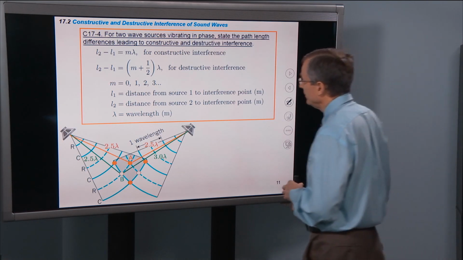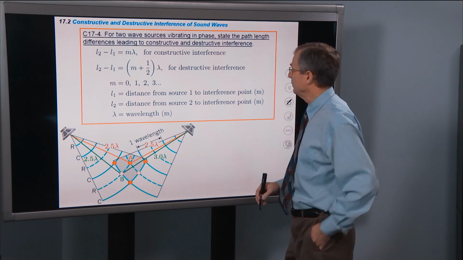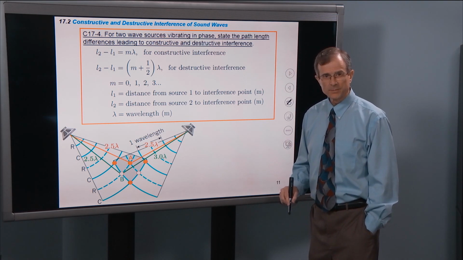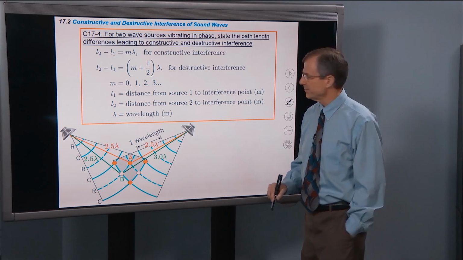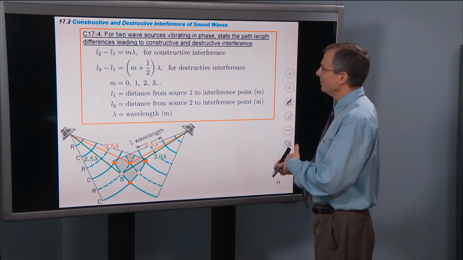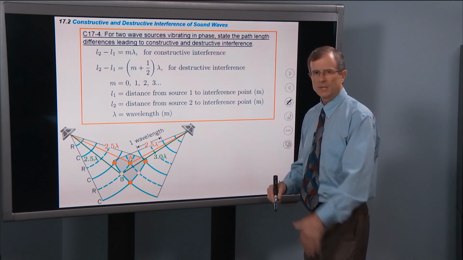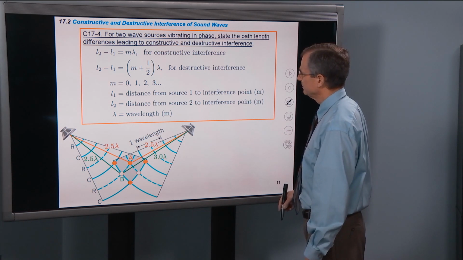All right, and this is the description for how you can determine whether you get constructive or destructive interference. For two wave sources vibrating in phase, state the path length differences leading to constructive and to destructive interference.